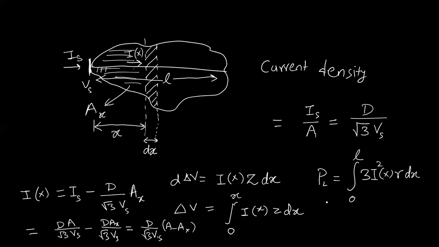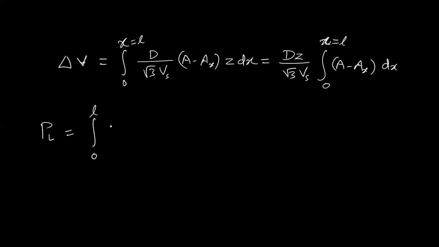So that is 3 I squared R dx. Here 3 I squared is basically D squared by 3 Vs squared times A minus Ax squared, R dx.